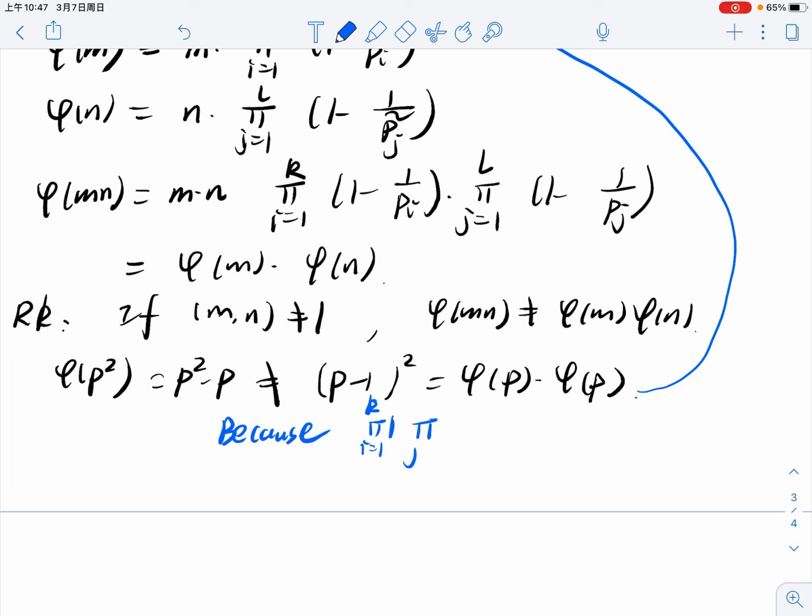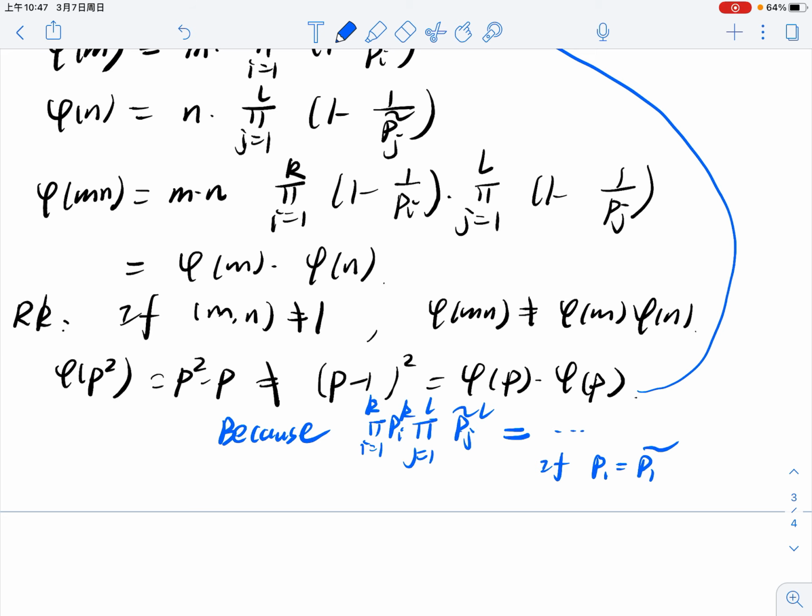This can be reduced to a simpler form if, for example, p1 equals p1 theta. You can combine the coefficients.